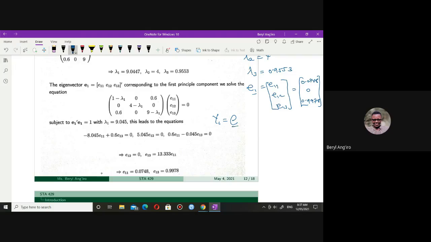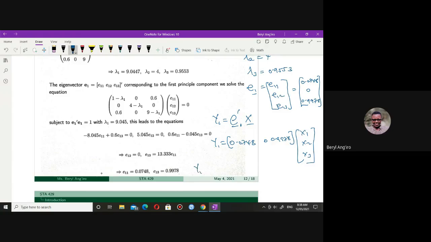That is E1 times the vector X. So Y1 will therefore be 0.0748 E1 transpose, 0 and 0.9978, times X1, X2, and X3.